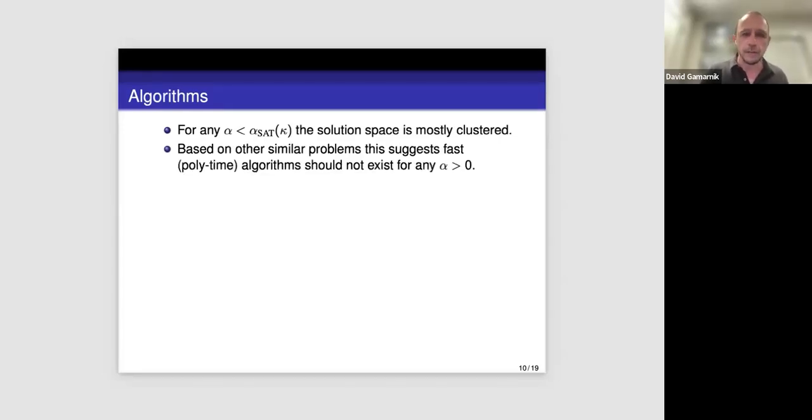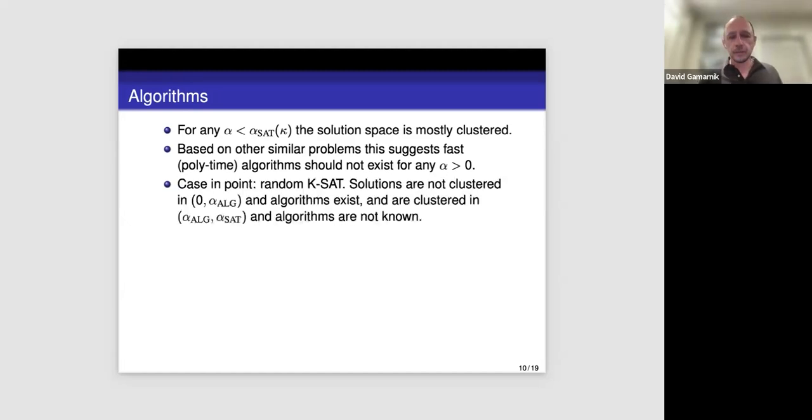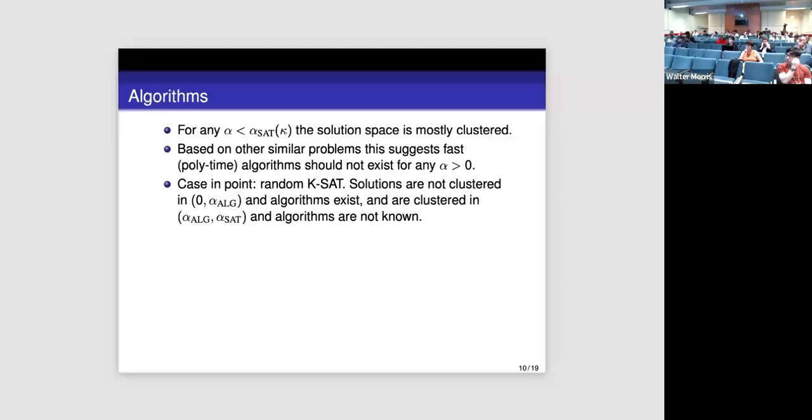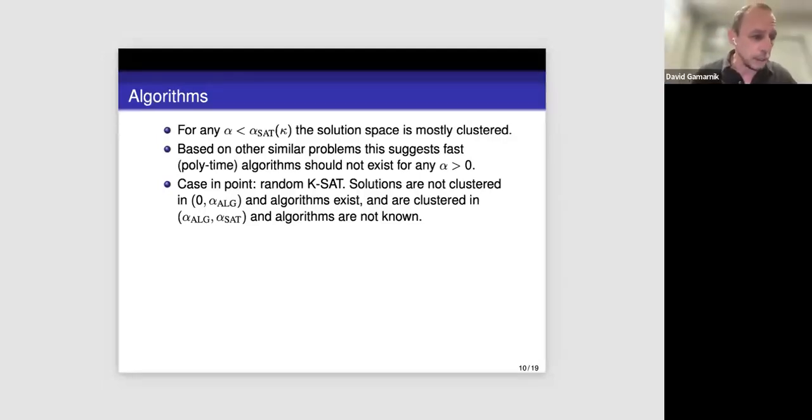What's so relevant? What's so interesting about that? But the thing is that for all prior similar models that exhibit such a phenomenon, that usually suggests that the algorithms do not exist. So based on that, one would conclude that there shouldn't be algorithms that work for this model for any alpha strictly positive. And a case in point is the so-called random k-SAT model, and I'm not going to introduce it now.